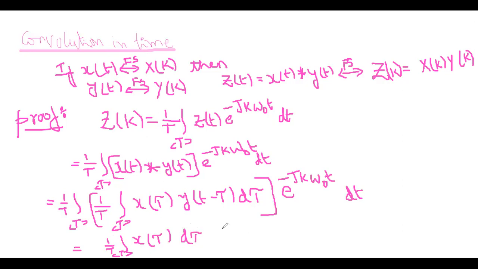Another integral I am using here, 1 by T, the integral over T, of y of t minus tau, e power minus jk omega naught t dt. Separate all of these terms, the tau terms and the t terms. Now you can see these are the two functions we got from the above equation.